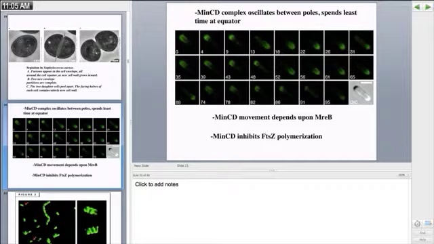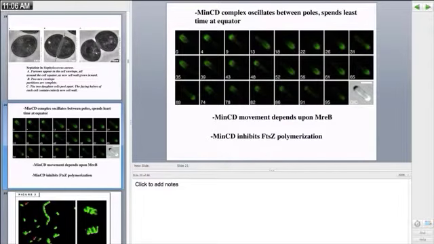But then 4 seconds later, you don't really capture the MinCD in between there. You see that it's already moved to the other pole, the opposite pole, and is beginning to coalesce for another portion of time. So you see out through 31 seconds, there is a coalescence of MinCD at the opposite pole.